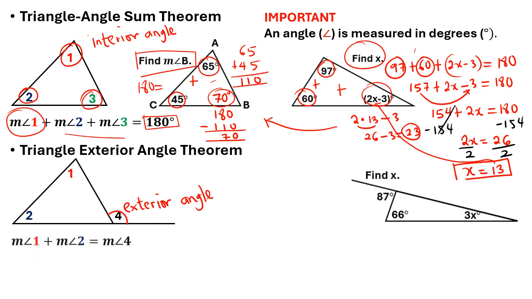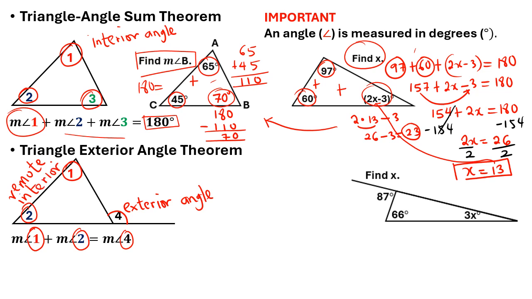Now, there's a connection between angle 1, angle 2, and angle 4. The triangle exterior angle theorem states that the measure of angle 1 plus the measure of angle 2 is equal to the measure of angle 4. That's interesting. So these angles here are special, and they are called remote interior angles.